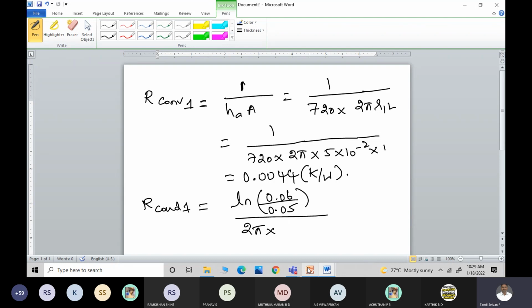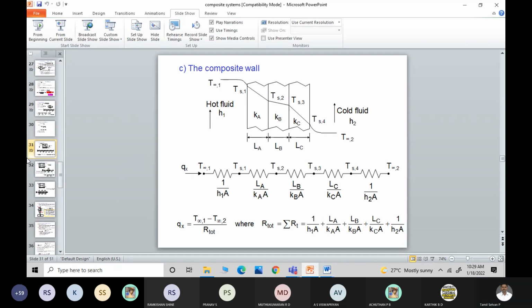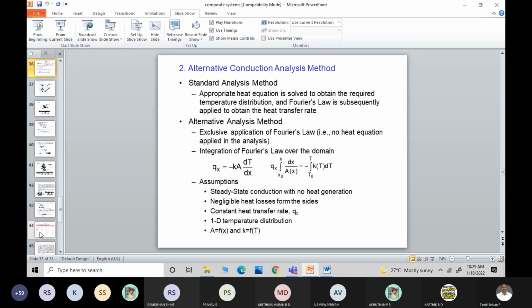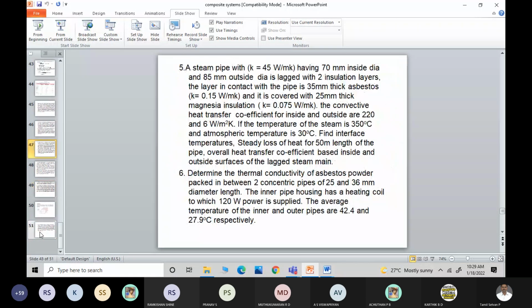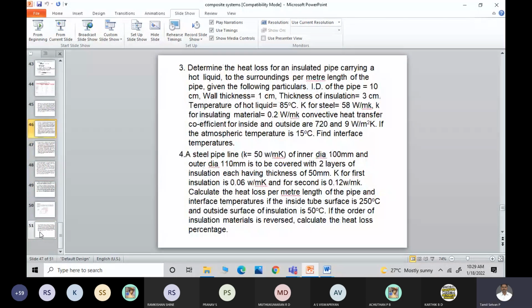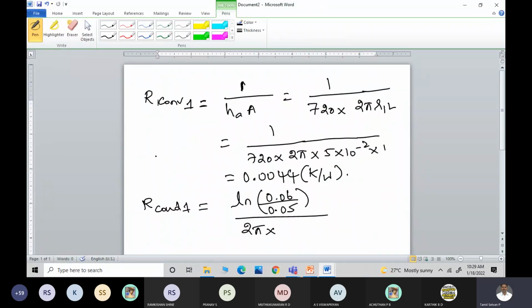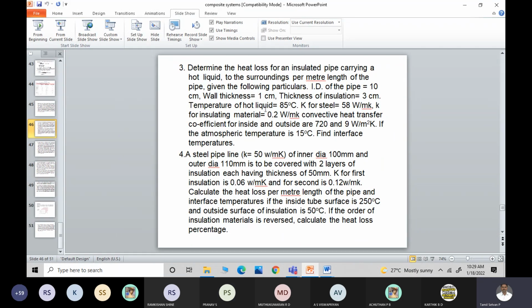What is the thermal conductivity of the first layer? The first layer is 720, am I correct? Sir, it'll be 58. No, it won't be 720, sir. See, thermal conductivity, K value. That's correct, 58.